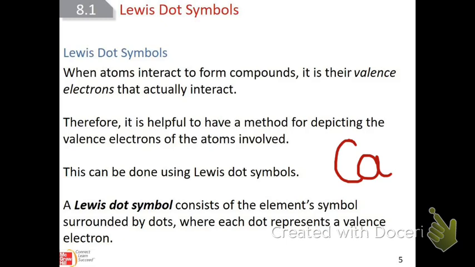They aren't going to stay together if they can help it, so you could show them on opposite sides of calcium, or you could show them paired, as two dots. Regardless, you're going to show that it has two and only two valence electrons. So this would be an electron dot symbol for calcium.